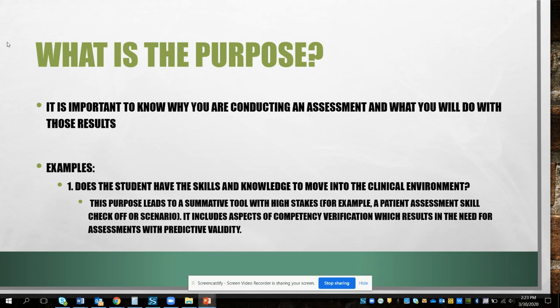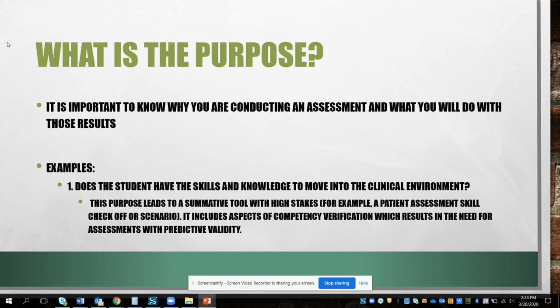And I use the example of patient assessment skill checkoff or scenario because that's one of the things that students have to be completely proficient in prior to going to clinicals. And it includes aspects of competency verification, which results in the need for assessments with predictive validity.